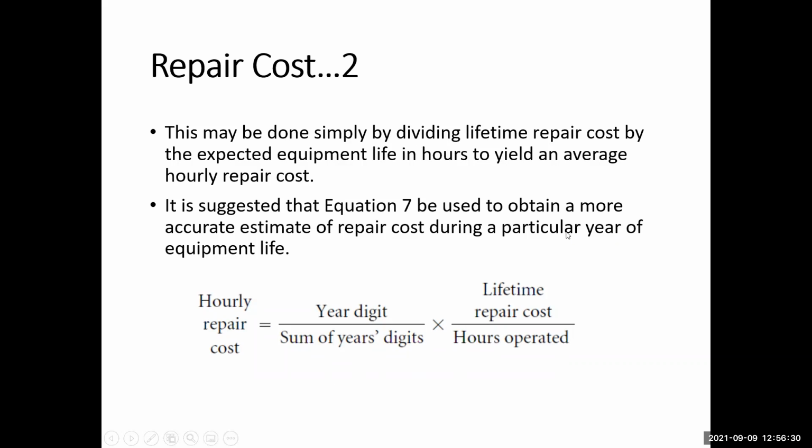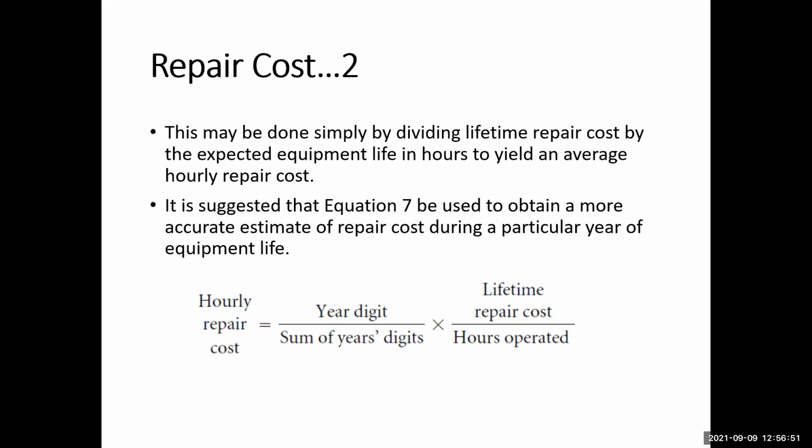However, because we also want the repair costs to be distributed over the years, for example, for 5 years we know that the repair cost is $50,000.